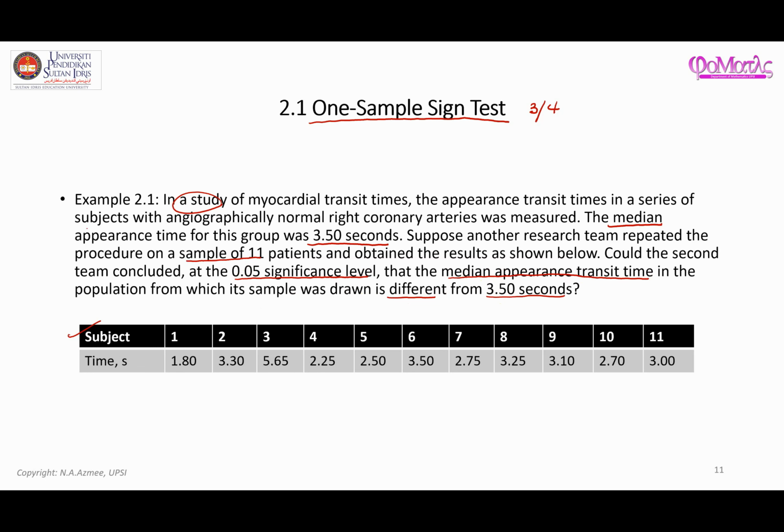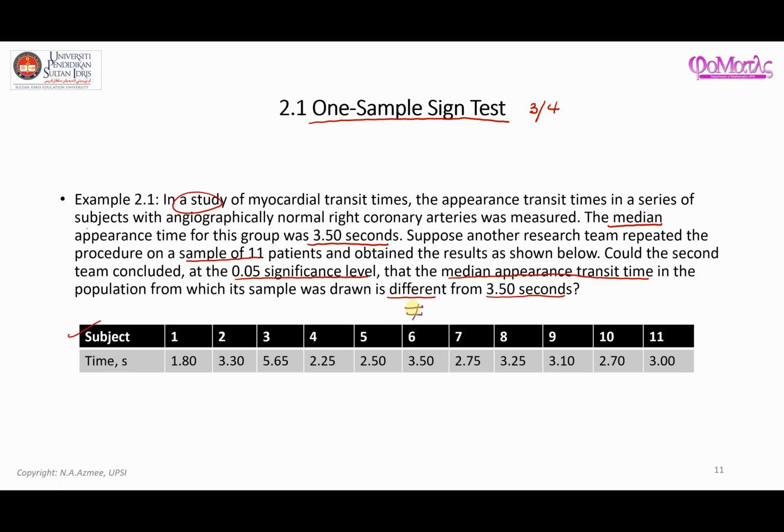Based on the information above, we are going to start off with formulating the null and alternative hypotheses. And we can get a glimpse of our alternative hypothesis based on this keyword given here.